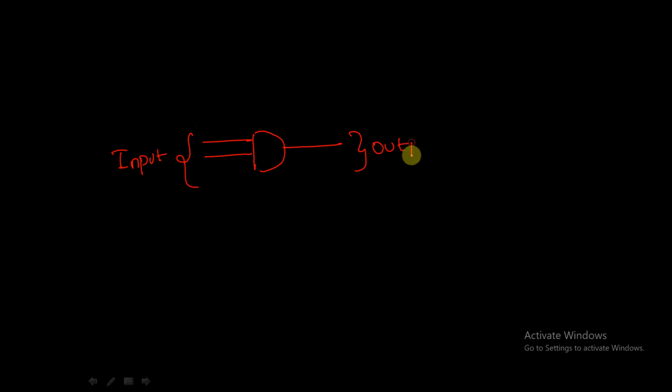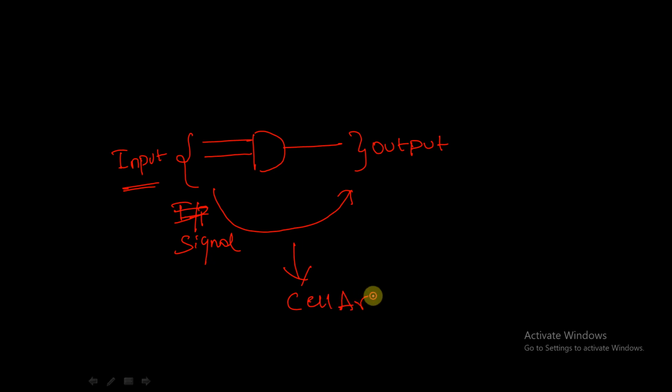The timing arc is the path traversed from input to output. This input signal is traveling from the input side of this cell to the output side. So this path is called a timing arc, basically a cell arc.